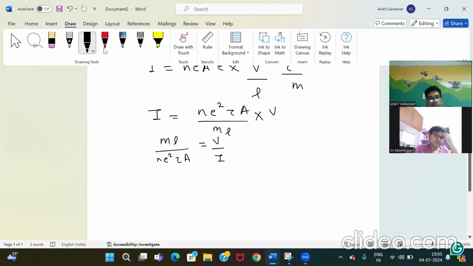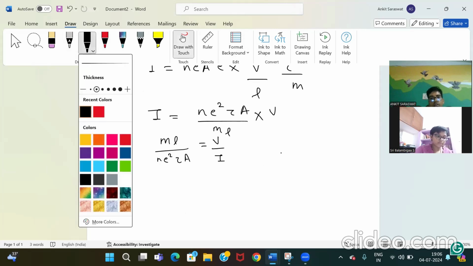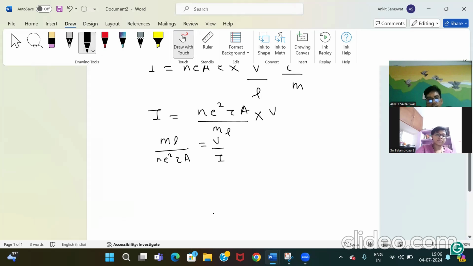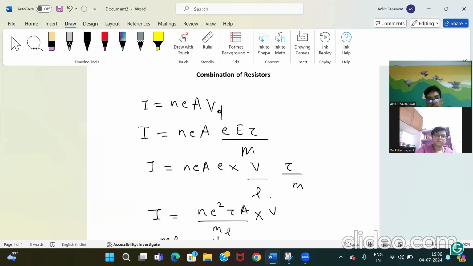Sir, I have a doubt. Why is D not included along with V? What D? No, sir, for drift velocity. Look here. I is equal to n e A vd, and vd is E tau by m. What is E? E is the potential difference by the length of conductor.